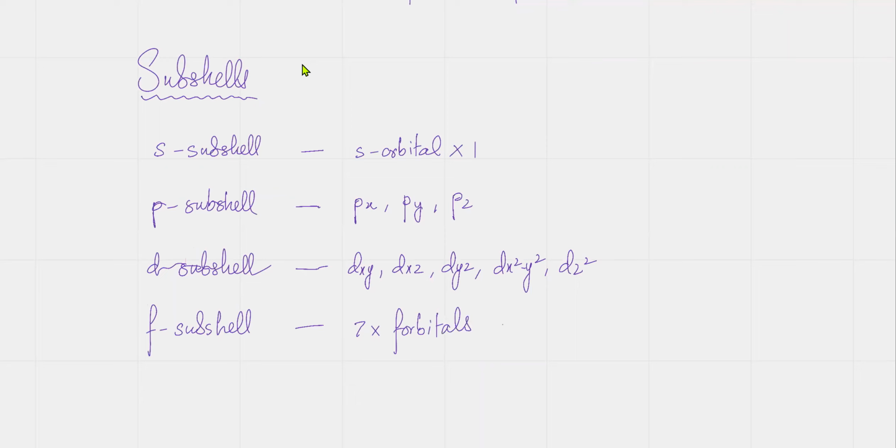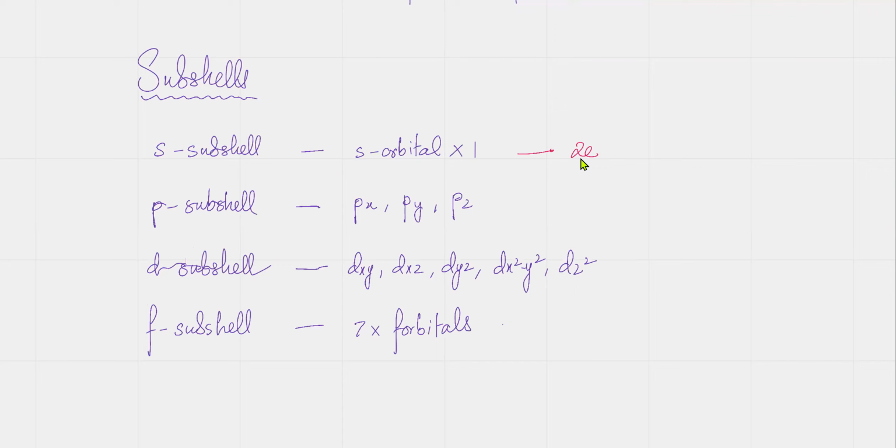So which subshell is going to have a total of how many electrons? Every orbital can have a maximum of 2 electrons. So if you're grouping them together in the form of a subshell, the first one can have a maximum of 2 electrons because it only has one orbital, and an orbital can have a maximum of 2 electrons.